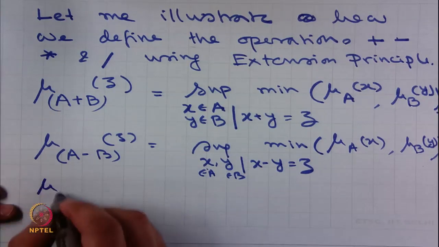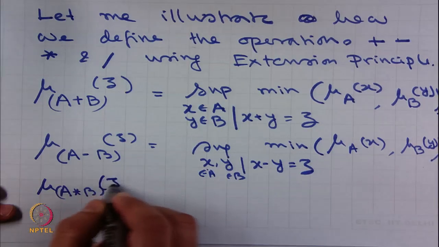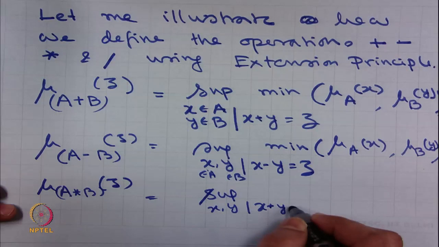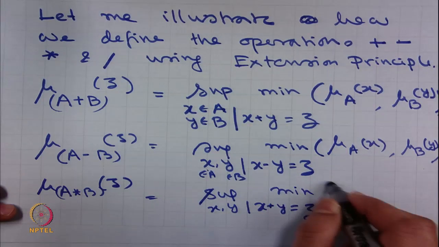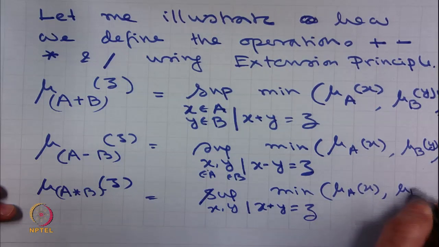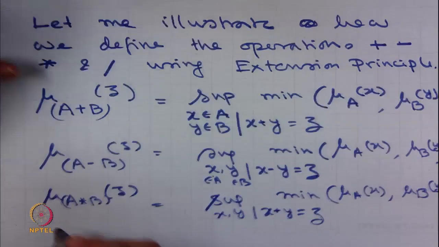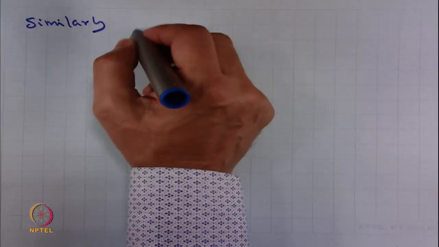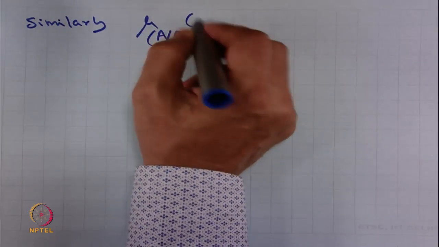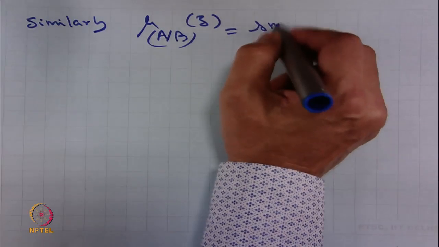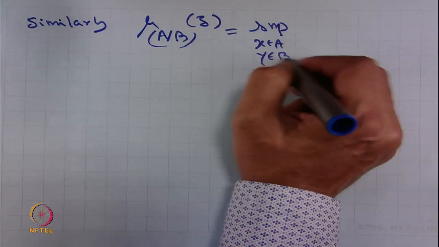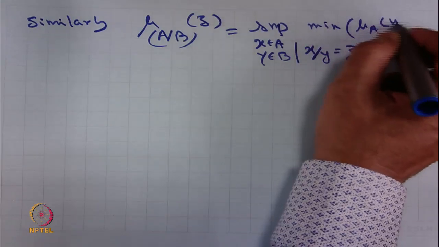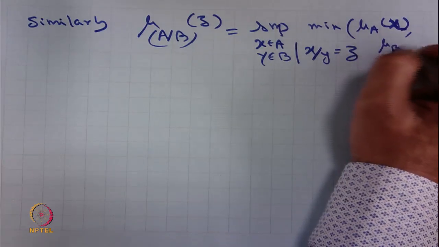In a similar way, mu A star B of Z is equal to supremum over x comma y such that x star y is equal to Z, and minimum of mu A x and mu B y, and similarly mu A slash B of Z is equal to supremum over x belonging to A and y belonging to B such that x by y is equal to Z, minimum of mu A of x and mu B of y.